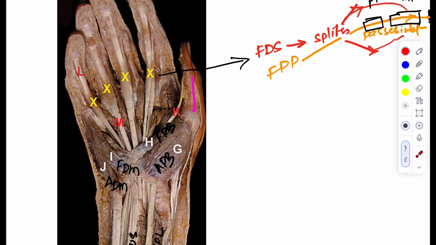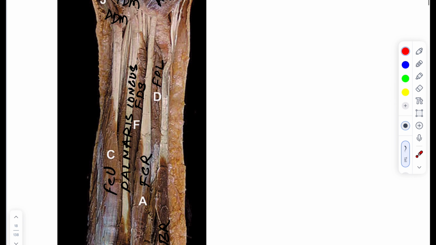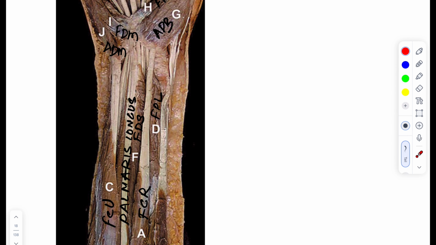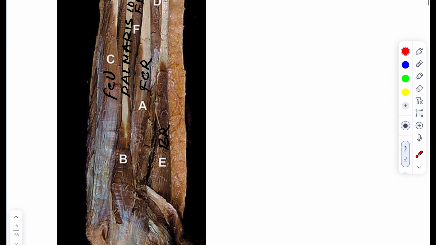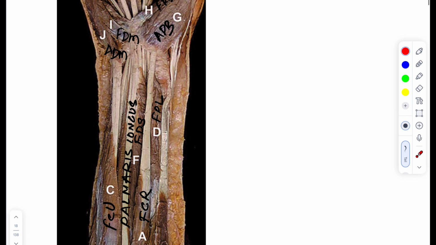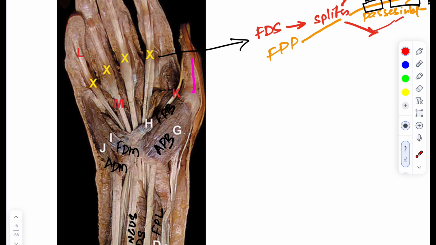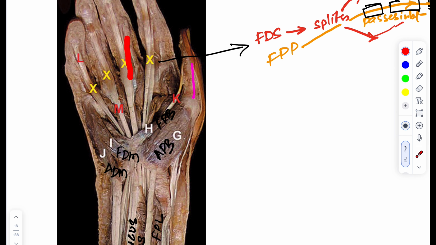And what you see, these muscles which terminate at the terminal phalanx are flexor digitorum profundus. They go deep and insert, while the superficialis tendons insert superficially like this.